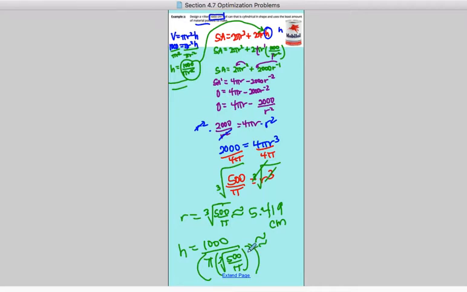And you should get that h is 10.839 centimeters. So there would be my radius and there would be my height for my can.